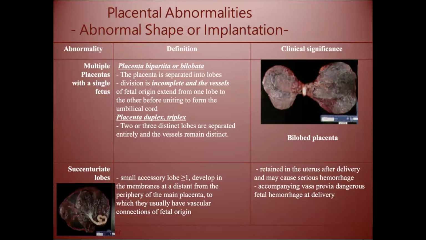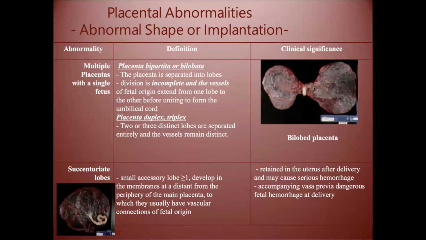Also, you can see here a picture of a succenturiate lobe placenta. It's a small accessory lobe, sometimes more than one. It develops in the membranes at a distance from the periphery of the main placenta, to which it usually has vascular connection of fetal origin.